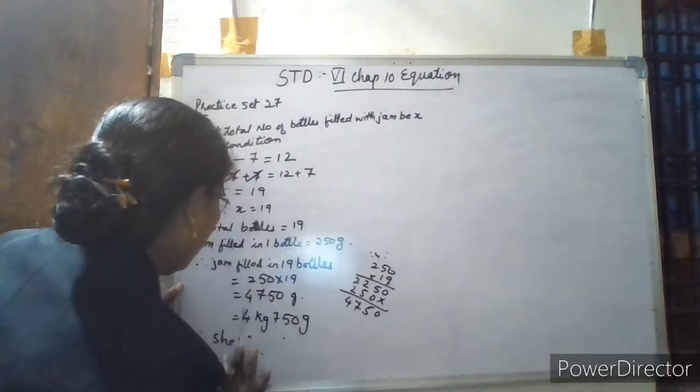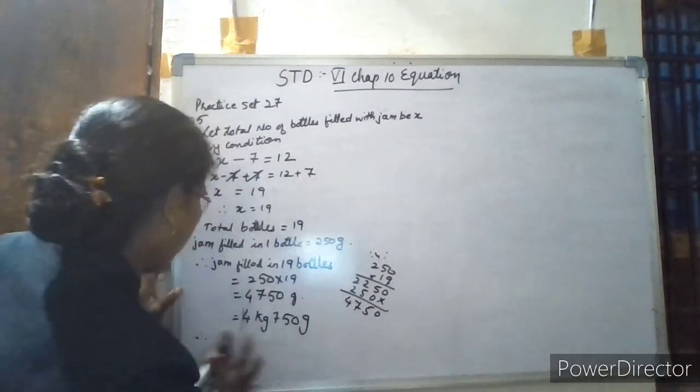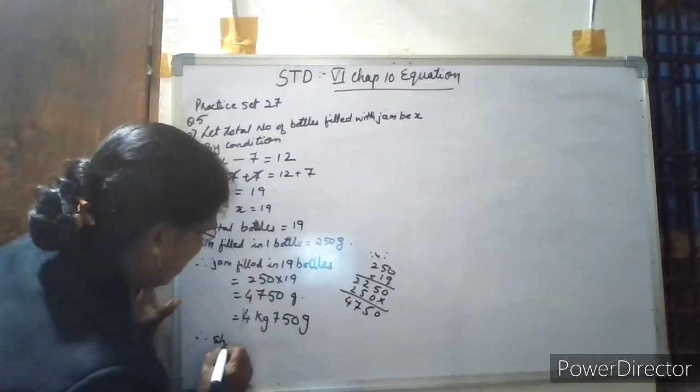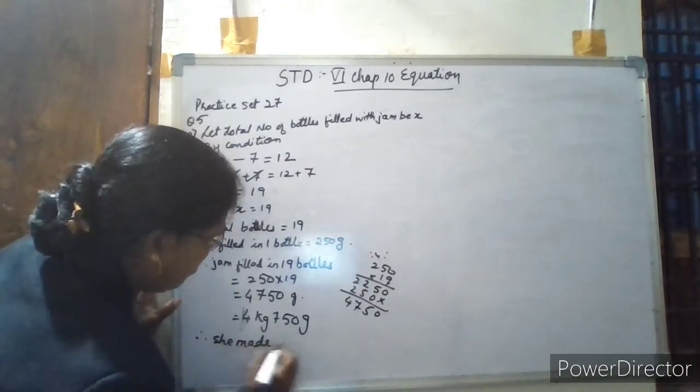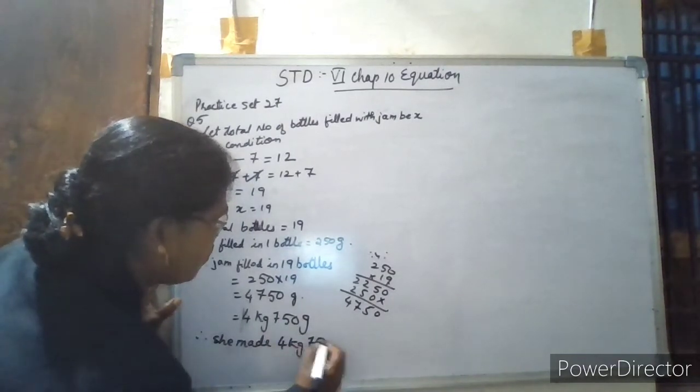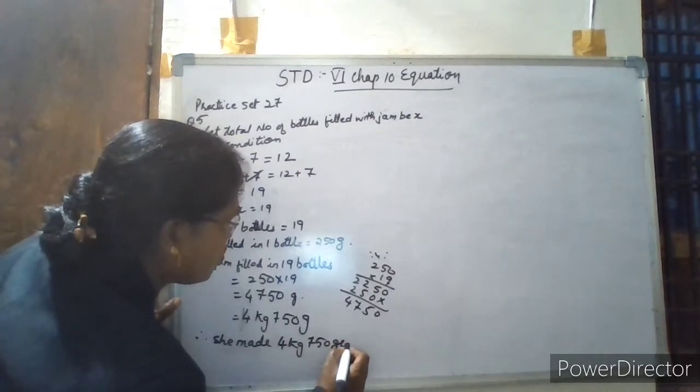Therefore, she made 4 kg 750 grams of jam.